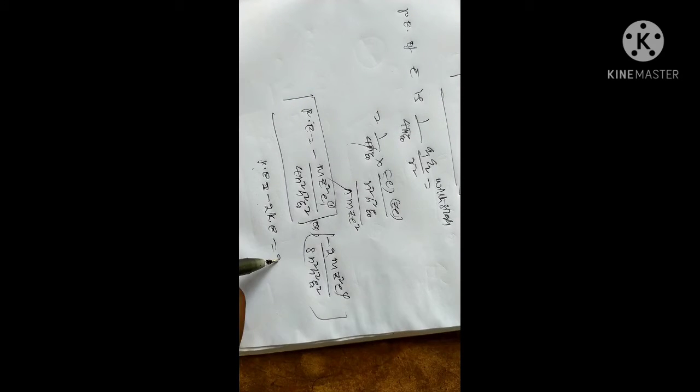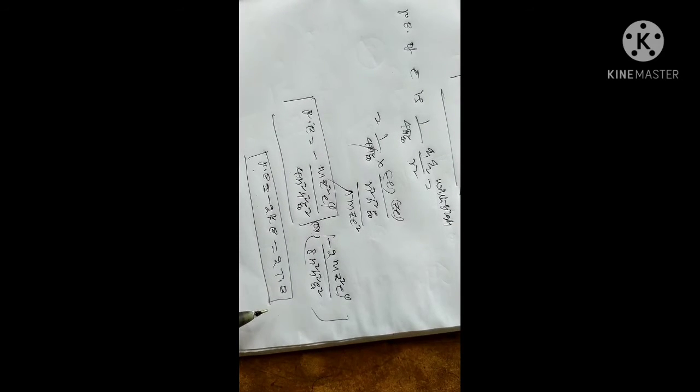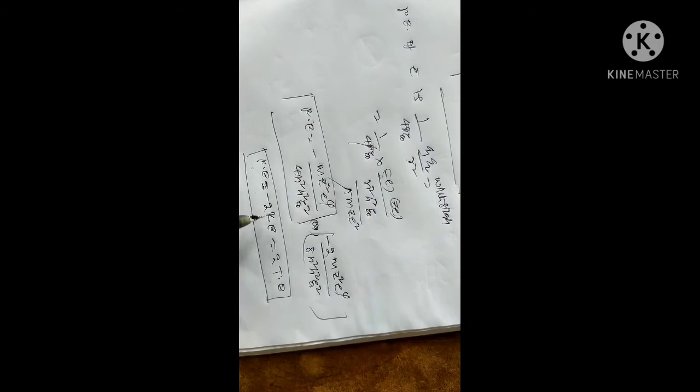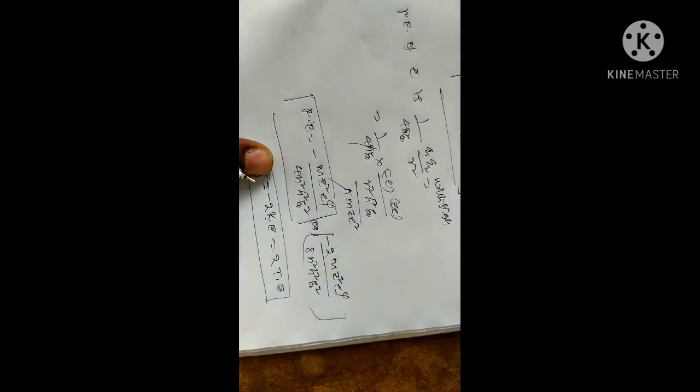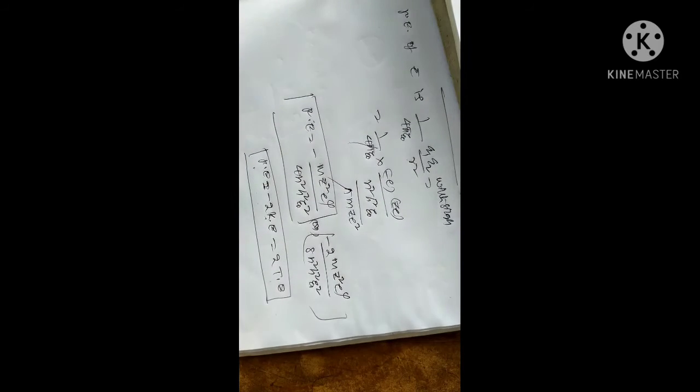It is also equal to 2 into the total energy. This is the relation between the total energy, kinetic energy and potential energy for an electron in orbit. Now let us prove it. What is the total energy?